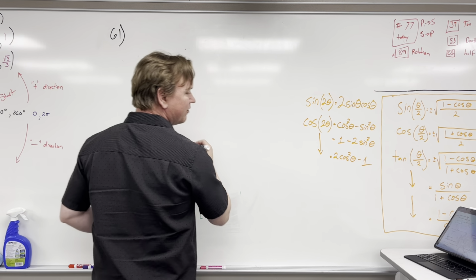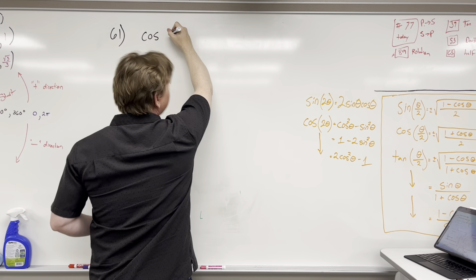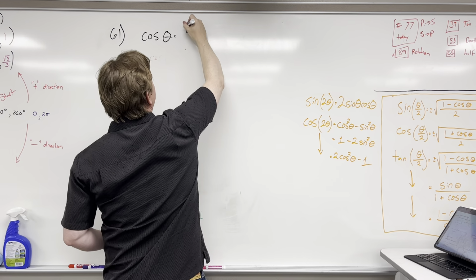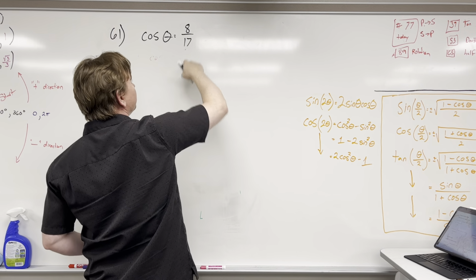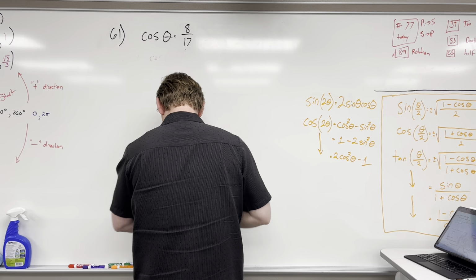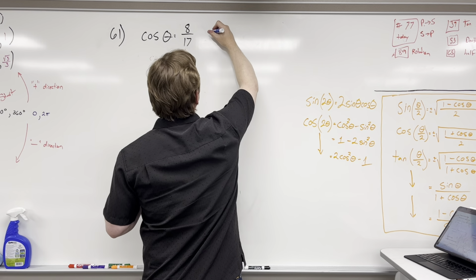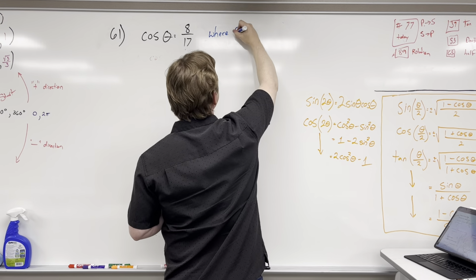Okay, so we have, this is 61, cosine theta is equal to a over 7. Anytime you see a trig function equal to some ratio, you should be thinking triangle. Or well, maybe not always, but in this section you should always be thinking triangle.